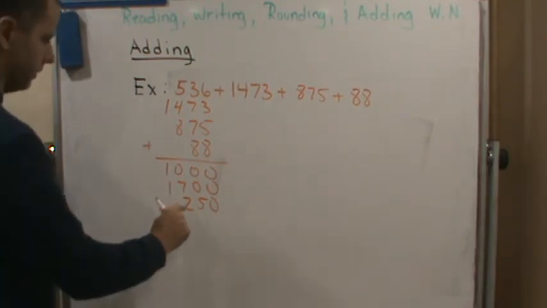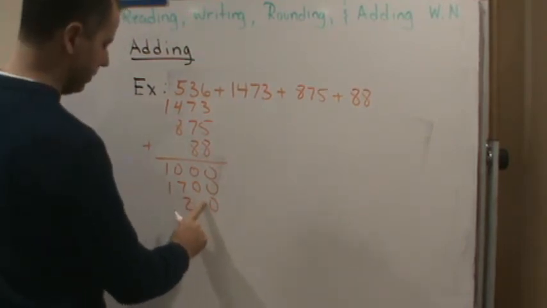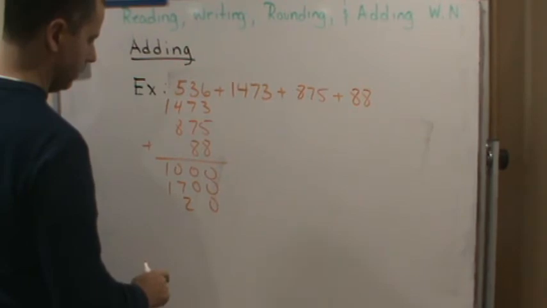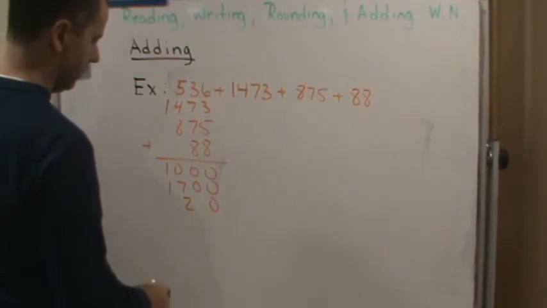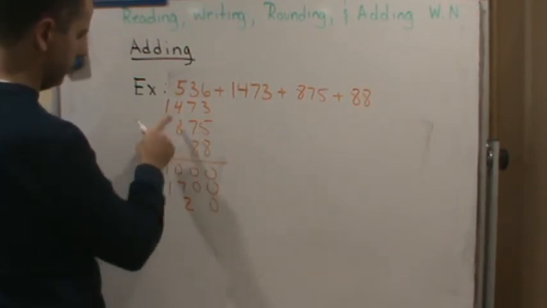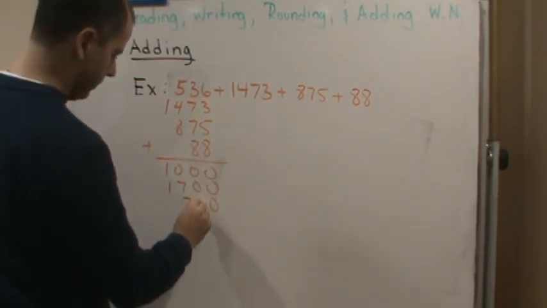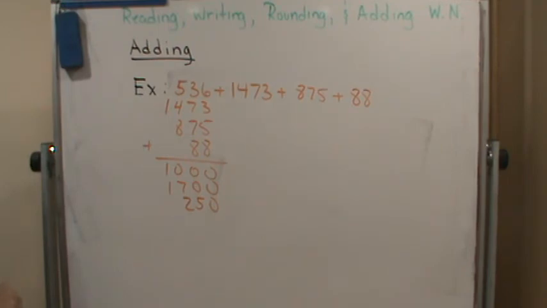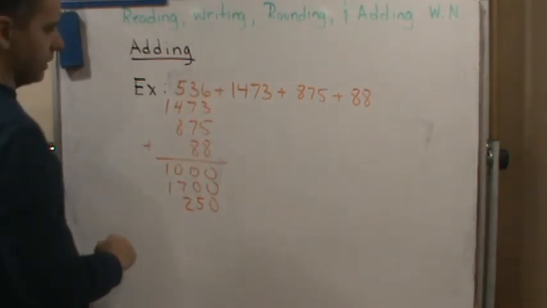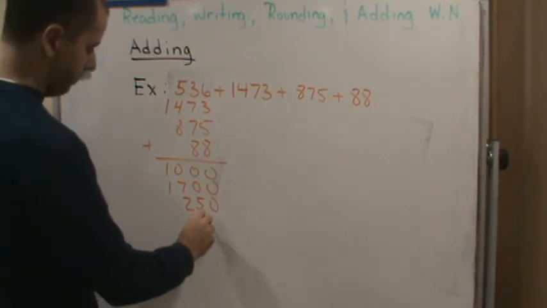Oh, I'm sorry. Is that right? Hold on. Yeah. And then, of course, the ones digits add up to 22.